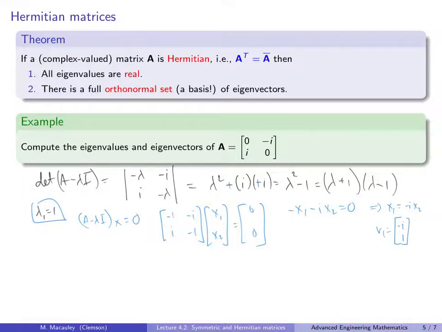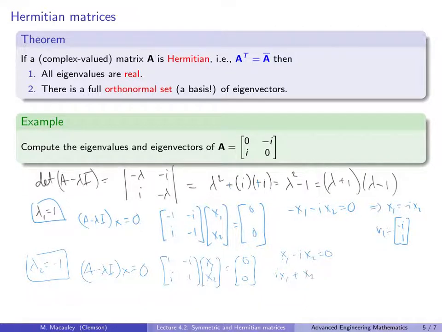Let's say that's v1, and then v2 is when lambda 2 equals negative 1. So now A minus lambda I times x equals 0, and by 0 I mean the zero vector. That is 1, negative i, i, 1, times x1, x2 equals 0, 0. Now we get x1 minus i x2 equals 0. By the way, the second equation here is i x1 plus x2 equals 0.